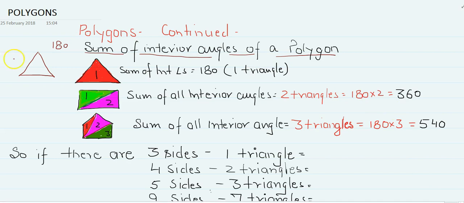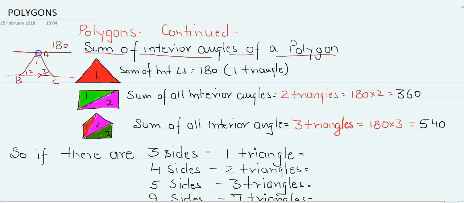If you have to prove this, let's say this is angle 1, this is angle 2, and this is angle 3. Now let me draw a parallel line to BC passing through A. Let these two be parallel.